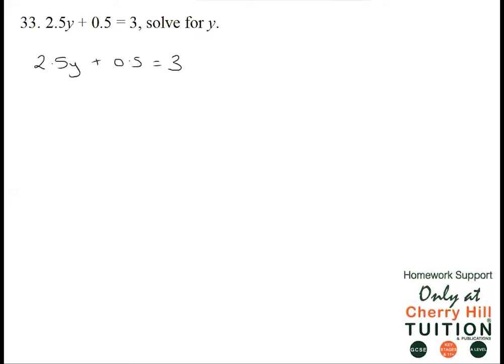So again, we are solving for an unknown, so we need to ask ourselves, what is stopping the y from being on its own? Hopefully you will agree that it's the plus 0.5 and the multiply by 2.5. So we need to eliminate these step by step in order to get the y on its own.